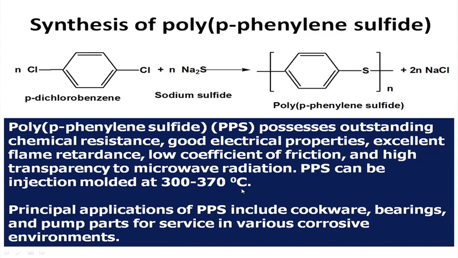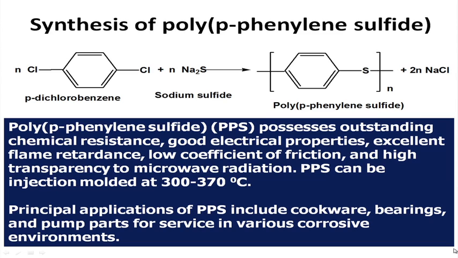Major applications of this polyphenylene sulphide include cookware, different types of cookware. We are acquainted with Teflon coated metallic cookware, but this polymer can be directly used for making cookware since it can withstand very high temperature.